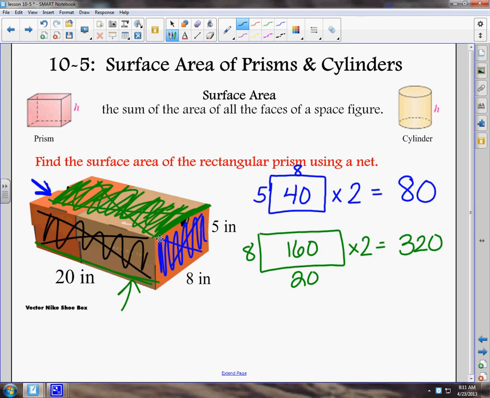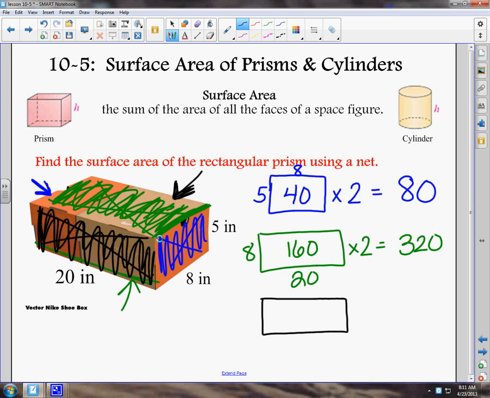And then I'm going to do the side. I have the left side, and then I have this other side that I can't see. If I were to draw this out, this would be 20 on the bottom, and then on this side right here, that is a 5. So it's 20 by 5, which is 100, and then I times that by 2, and that equals 200.